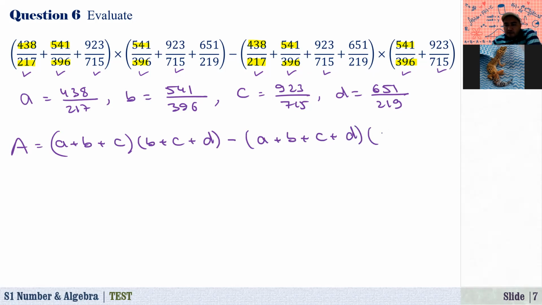And 541 is B, so here we have B plus 923, that is C.